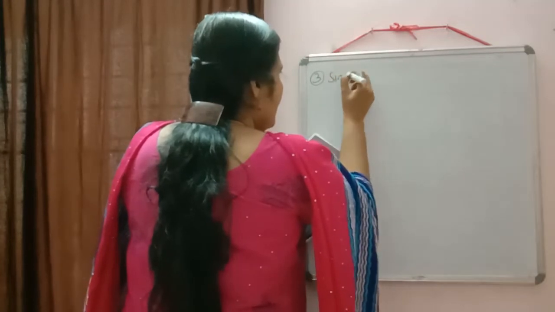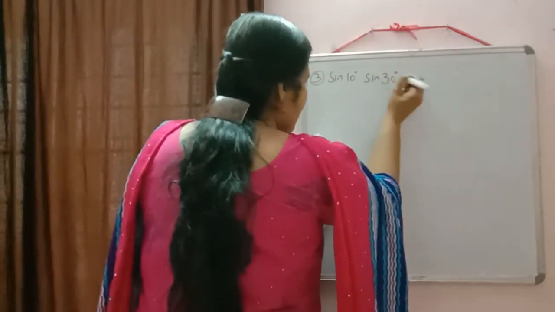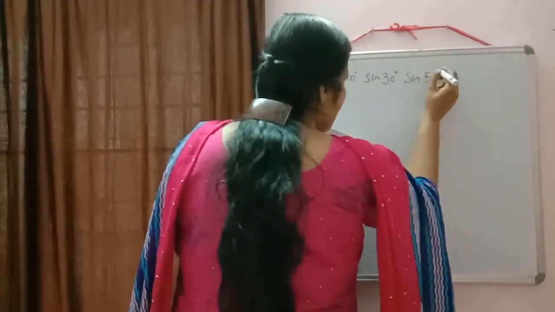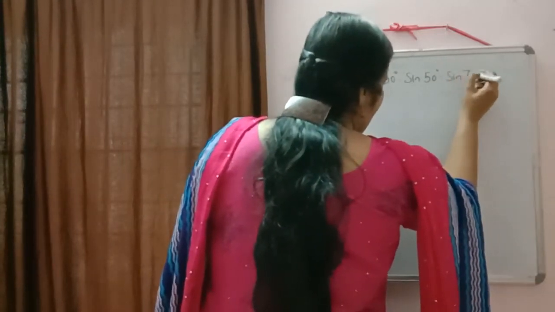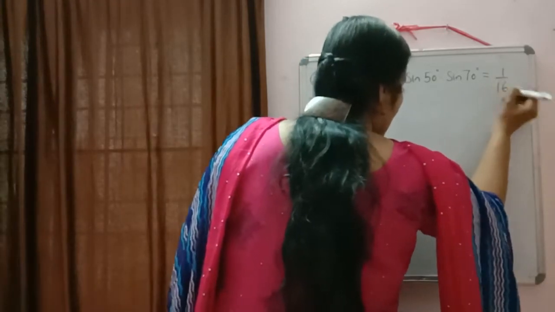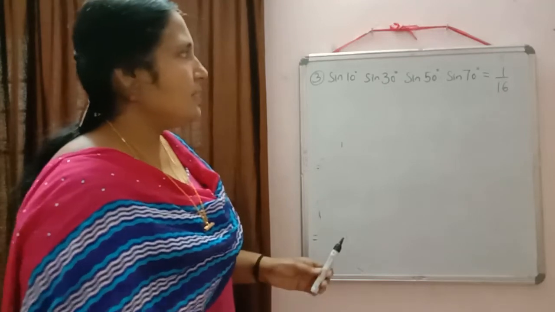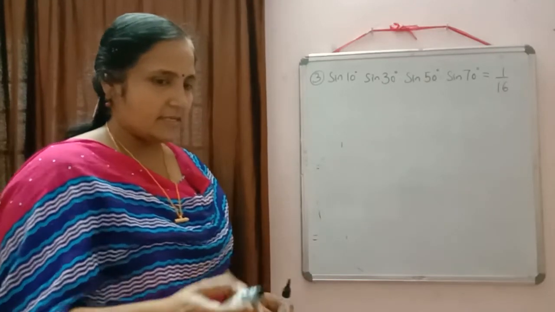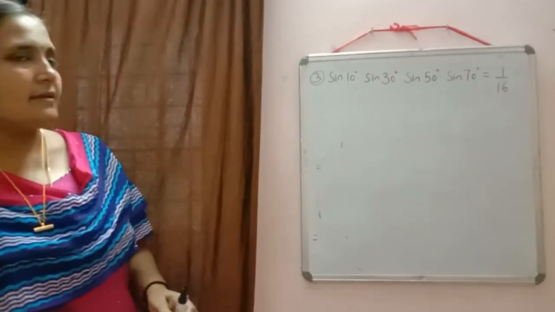sine 10 degree into sine 30 degree into sine 50 degree into sine 70 degree is equal to 1 by 16. We have to prove sine 10 degree into sine 30 degree into sine 50 degree into sine 70 degree is equal to 1 by 16.